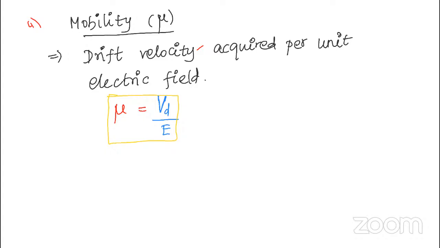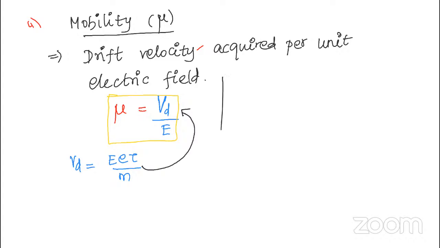Then we arrange one more form for mu. We know the value of Vd. Vd is equal to E tau by M. So this is one expression. We have to substitute this Vd value in this expression, and we are going to calculate one more formula for mu.